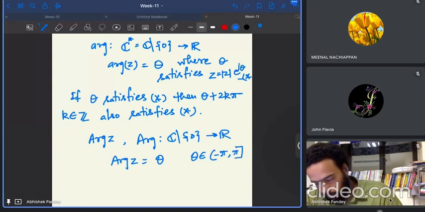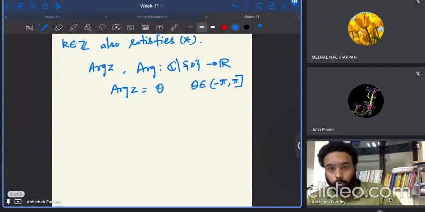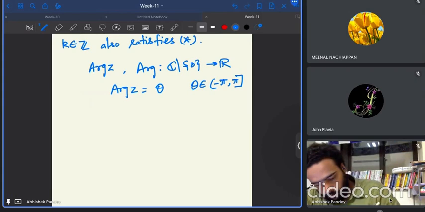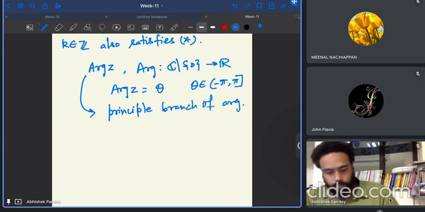This is an interval of length 2 pi, and this is known as the principal branch of argument.